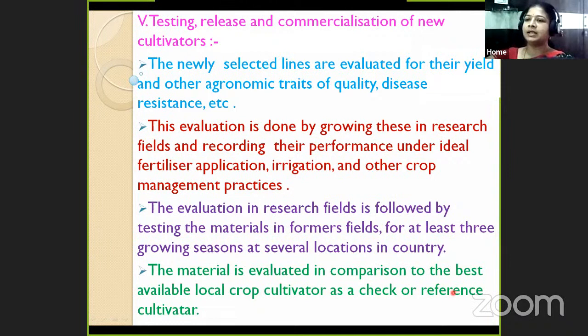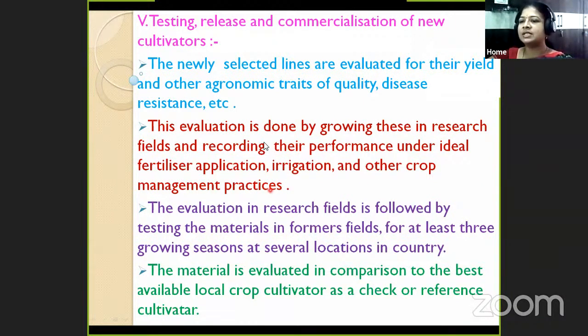First, the selected hybrid plants are allowed to grow in research fields, not open agriculture fields, and their performance is recorded under ideal fertilizer application, irrigation, and other crop management practices.